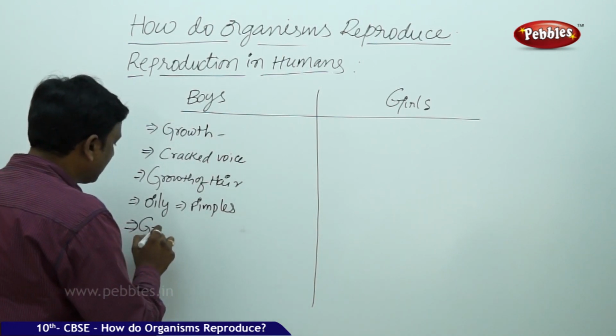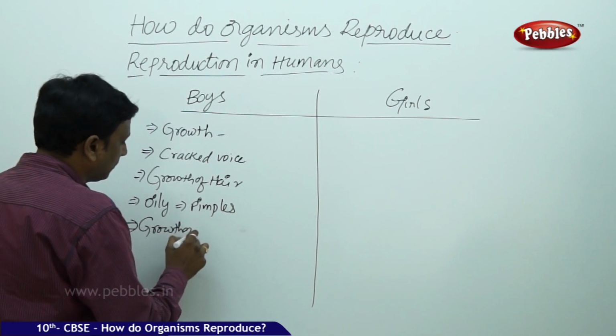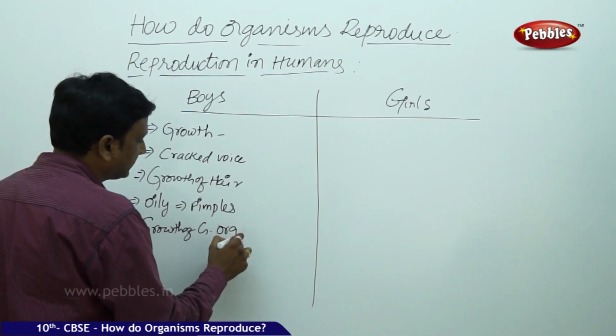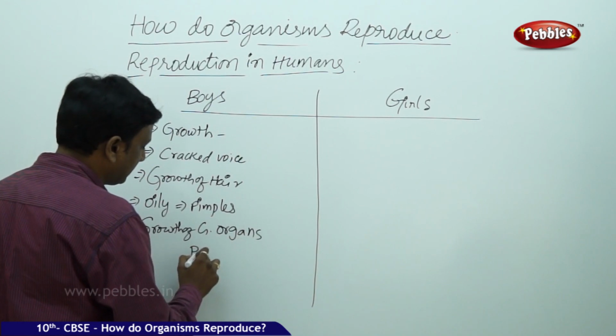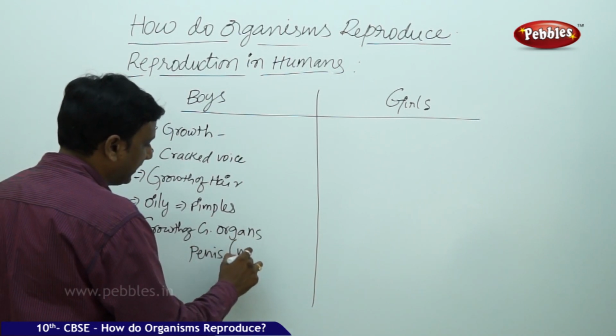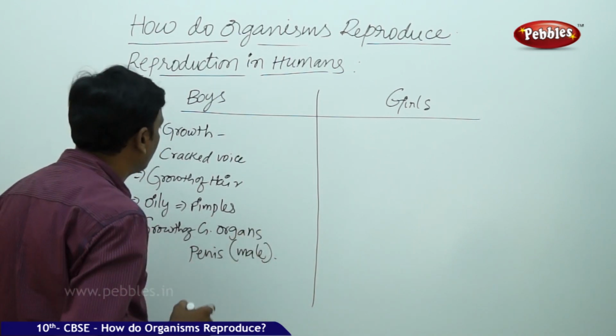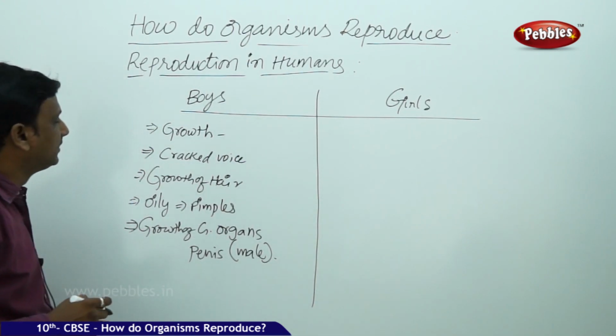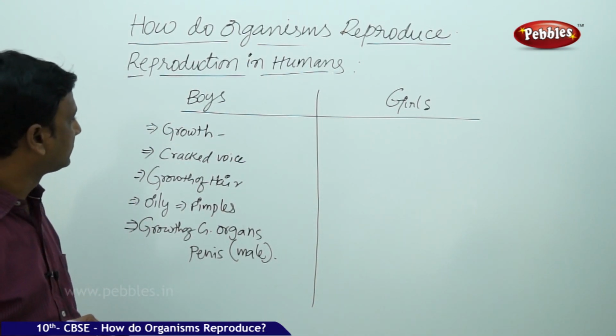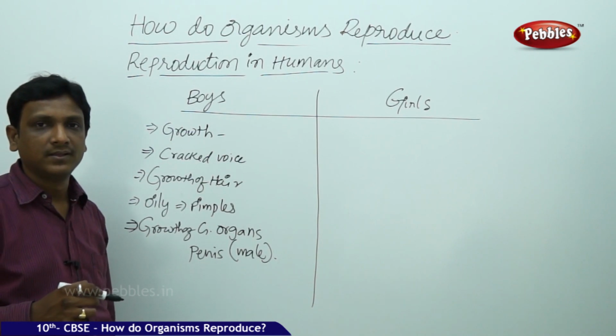And growth of genital organs, penis in case of males. So these are the various secondary sexual characters that are observed in the boys.